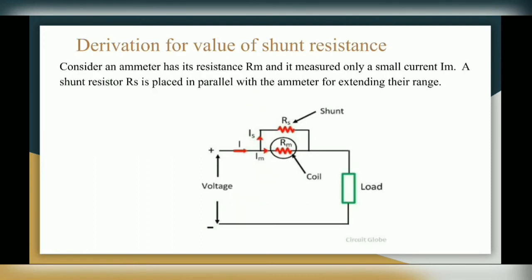In the diagram you can see the voltage across the shunt is given by Is into Rs, and the voltage across the coil is given by Im into Rm. As they are connected in parallel, we can write Is Rs = Im Rm.